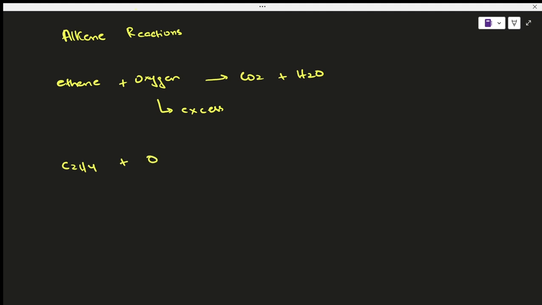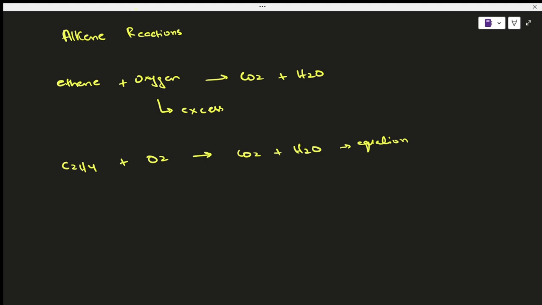So if I were to write the equation for this, it's going to be C2H4 plus O2, and the products are CO2 plus H2O. This is now the equation for the complete combustion of ethene.